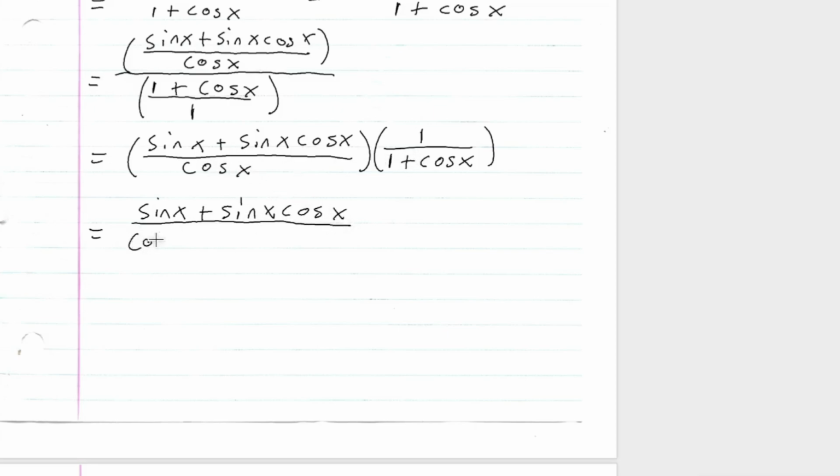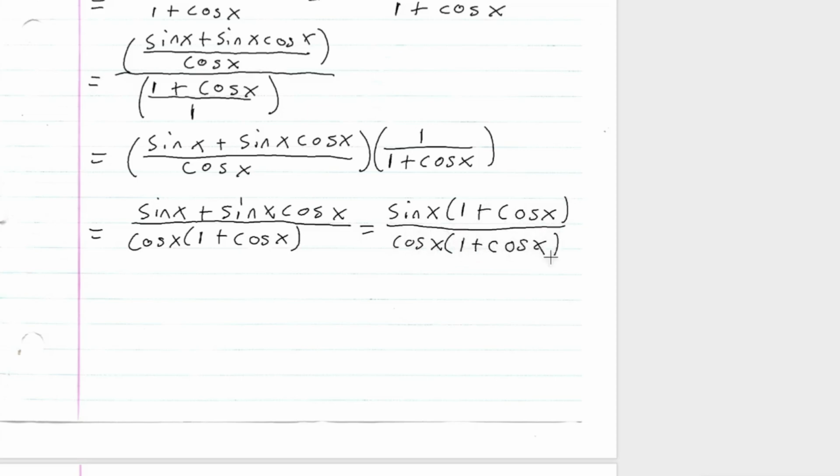I'm just going to leave it like that. And then I'm going to factor out a sine x here because I know I can get a 1 plus cosine x on the top. So if I factor that out, sine x, I'd get 1 plus cosine x over cosine x times 1 plus cosine x.